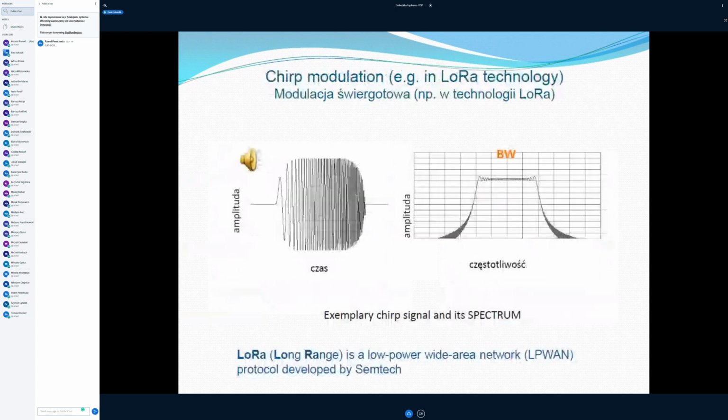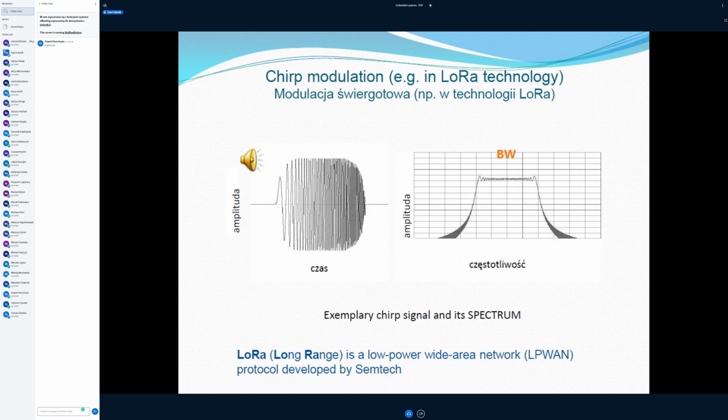You can check it. But I would like to mention a very, very interesting method of spreading spectrum, which is called chirp modulation. I didn't mention that until the moment when the LoRa systems were introduced in Internet of Things applications, and LoRa uses chirp modulation.